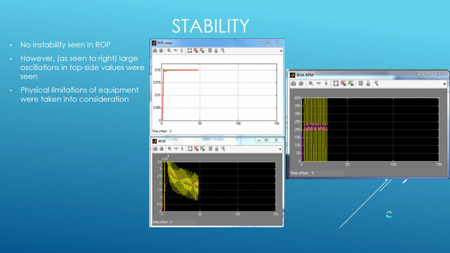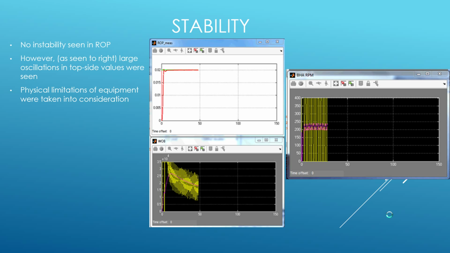For our stability analysis, we tried testing the gains and increasing them, but we found that even after multiplying the weight on bit and the RPM each by factors of thousands, the system still didn't go unstable. We figured this was because of the constraints, the physical limits that we put on the weight on bit and the RPM.